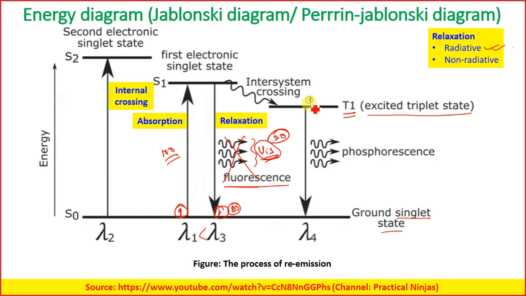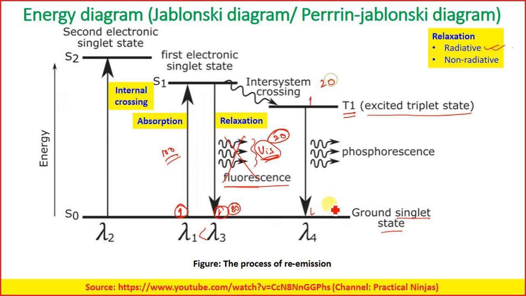So you will have the electrons with parallel, or the same directional motion. And then while it is coming down, it comes down to the ground singlet state with the anti-parallel moving electron.